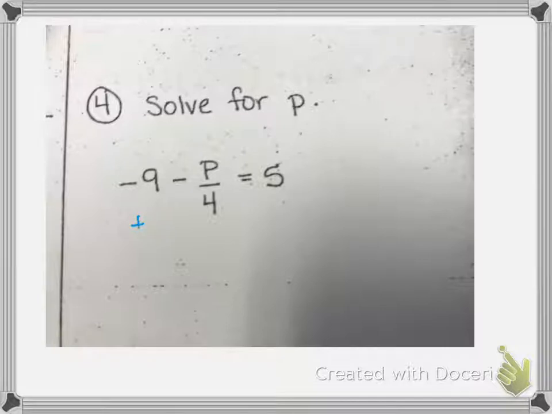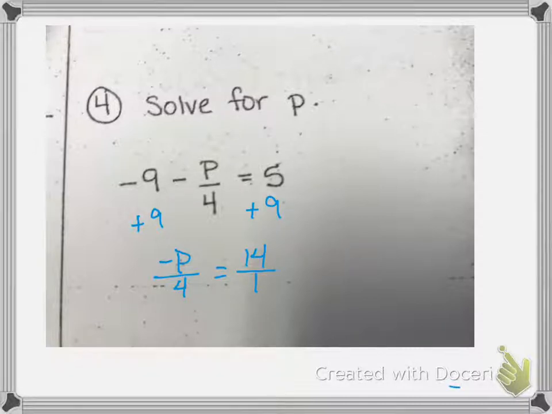Number 4, we started with -9 minus p over 4 equals 5. We're going to add 9 to both sides. That gives us -p over 4 is equal to 14. Okay.